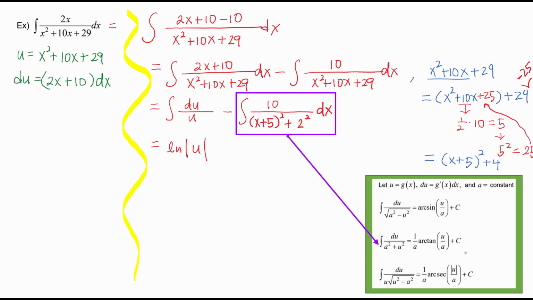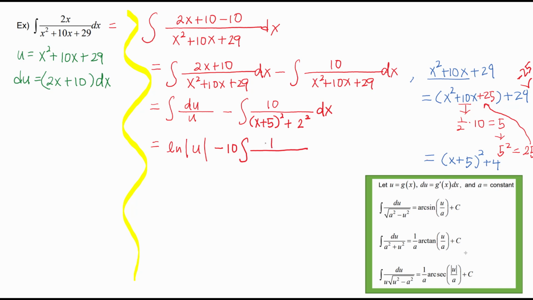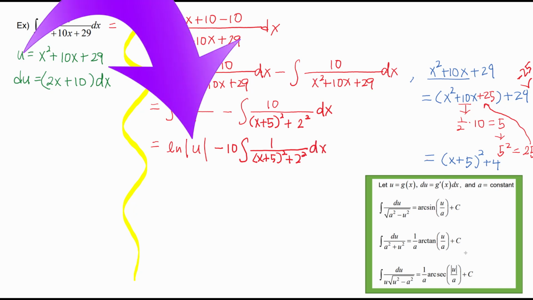Yes, that's the arctangent formula, except we have a 10 on the numerator. But 10 on the numerator, no problem, right? We can pull out the 10 from the numerator, and now I have 1 over x plus 5 squared plus 2 squared dx. Now I want to substitute what the u was because the integral next to it is a different one and it will not be the same u. So let's go ahead and plug back what the u was in the first integral.